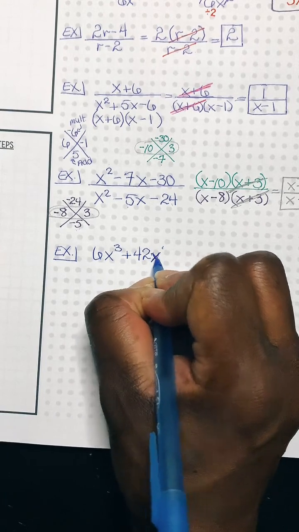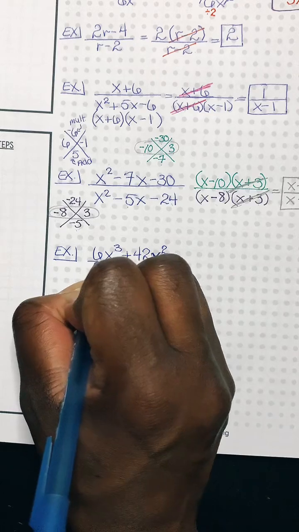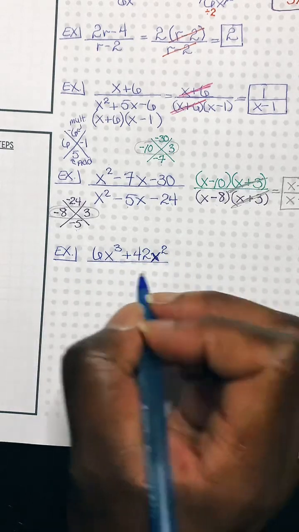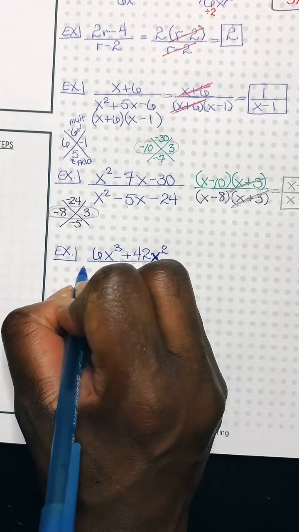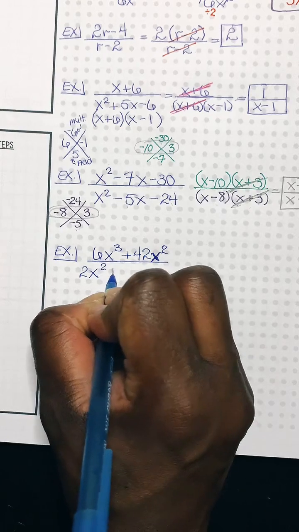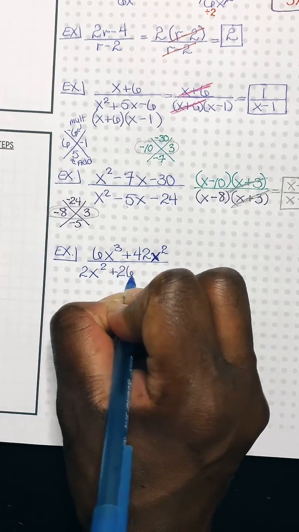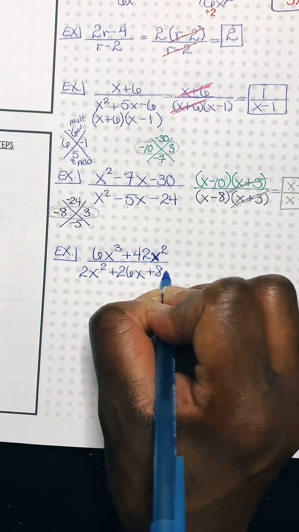That's supposed to be an X. So we got 2x squared plus 26x plus 84.